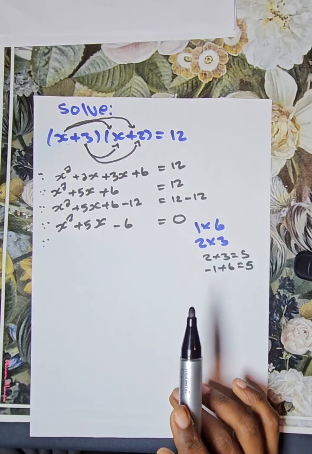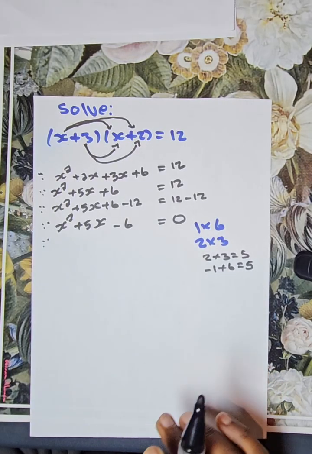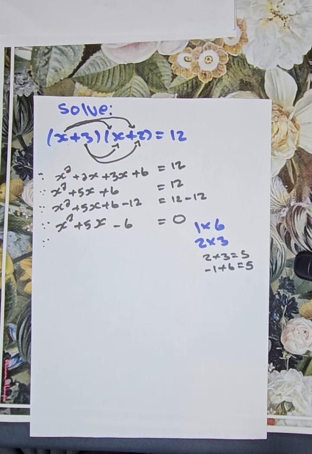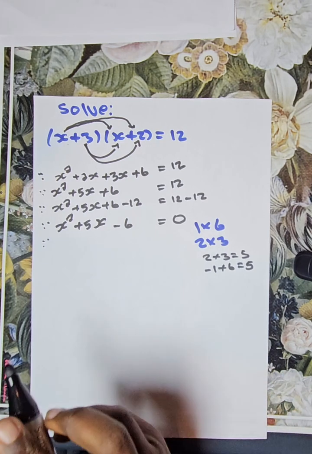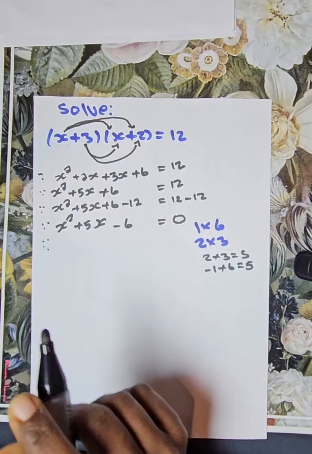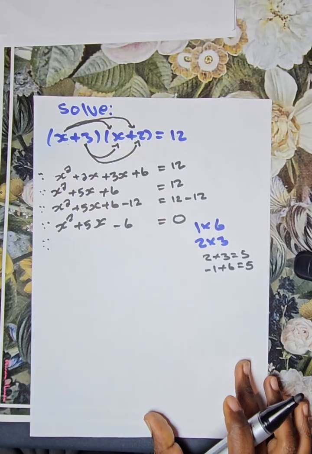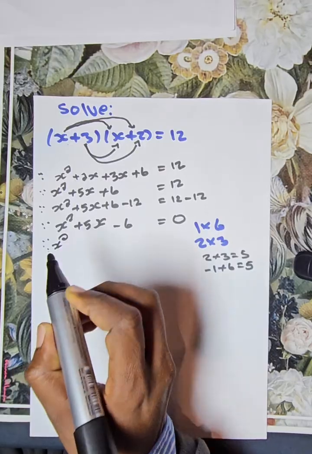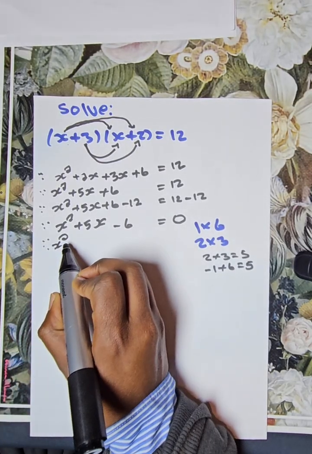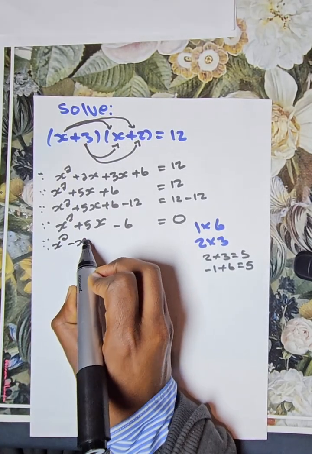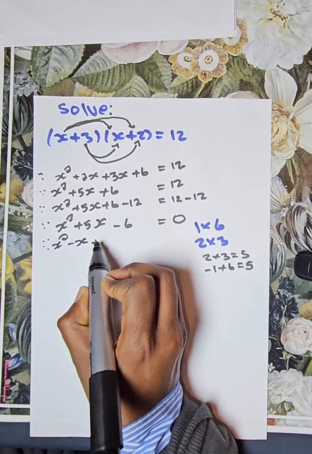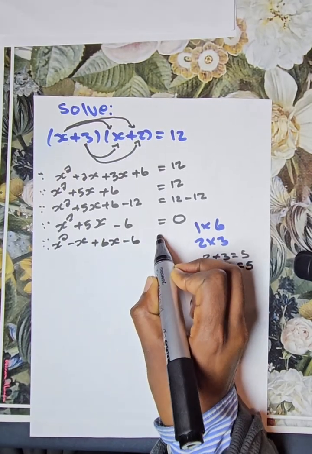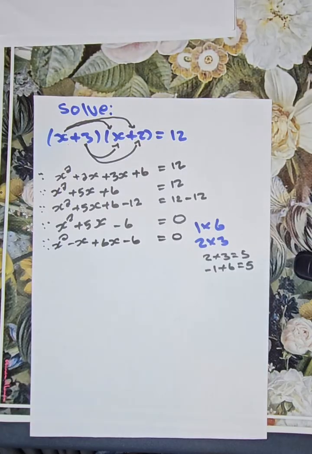And the bigger one must be positive. We're therefore going to choose minus 1 and plus 6, and we substitute in place of the 5x. Therefore, this becomes x squared minus x plus 6x minus 6 equal to 0.